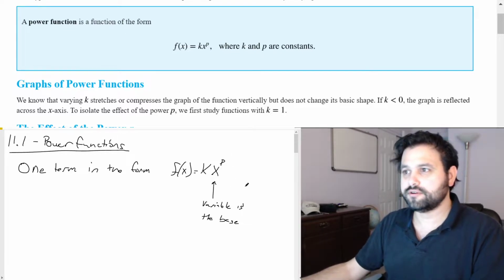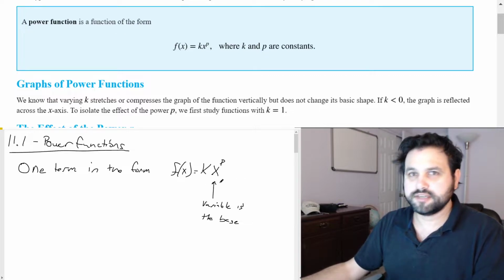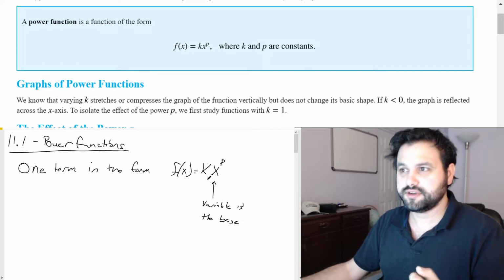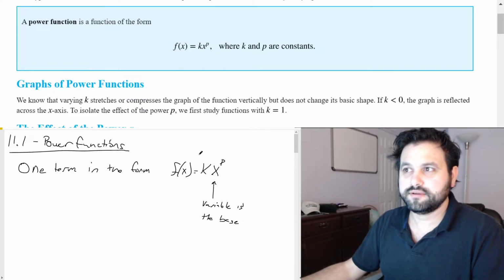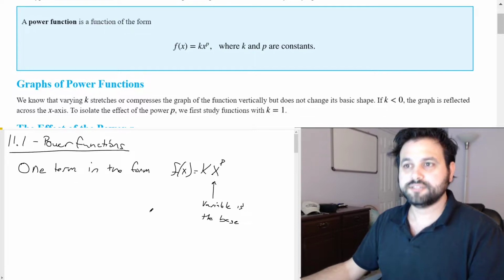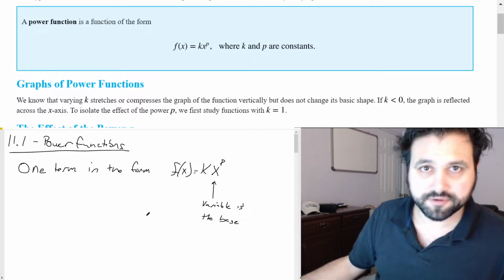So there's no other things other than this. It's just pretty much three pieces to it. You can have a coefficient, the k value, and then you have your variable as the base, and then you have an exponent, which would be the p value here, okay? And so that's essentially a power function.